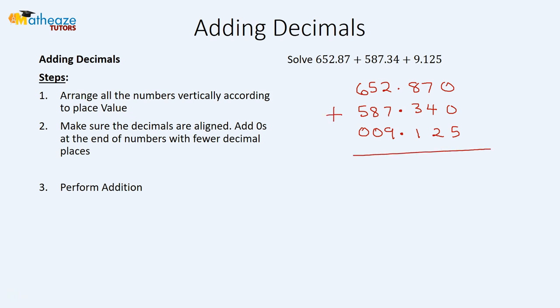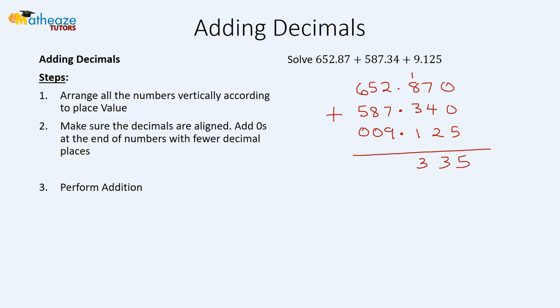0 plus 0 plus 5, we have 5. 7 plus 4, 11 plus 2, 13. We have a 3 here, and we bring the 1 up here. 1 plus 8, 9 plus 3, 12, plus 1, 13.